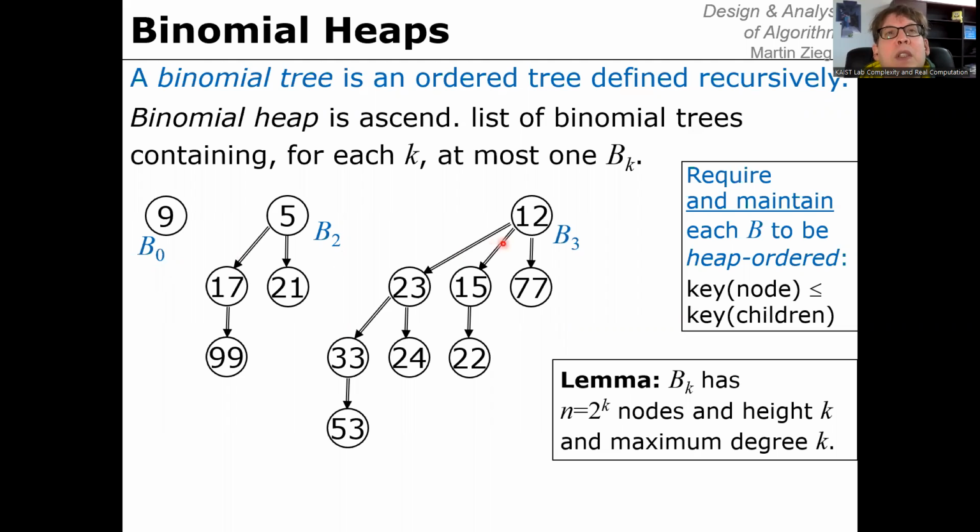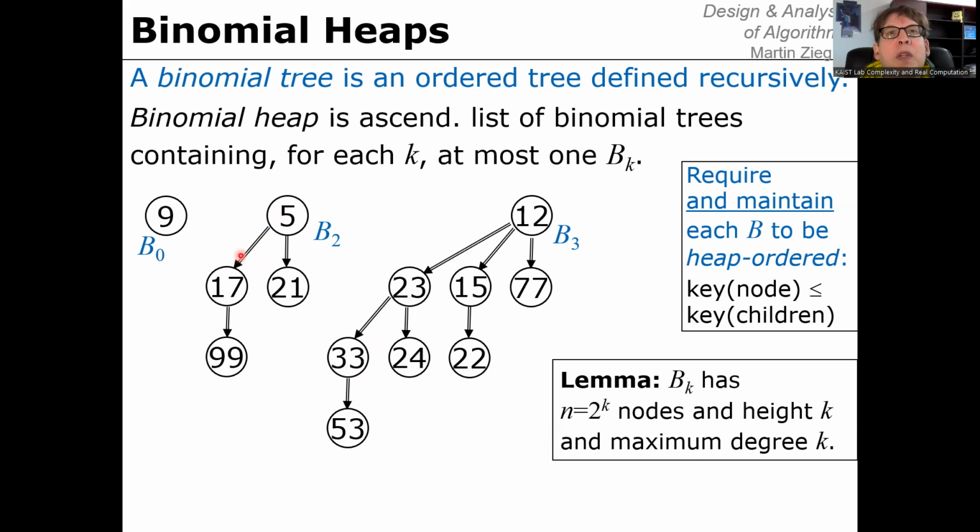And you here see such example binomial trees, and you also see that they are indeed heap ordered, right? The least element is in the root, and all elements below it are larger. And recursively here, the least element of this binomial subtree of order 2 is in the root, and all elements in its children are larger.